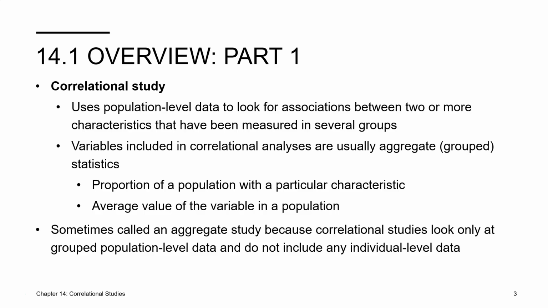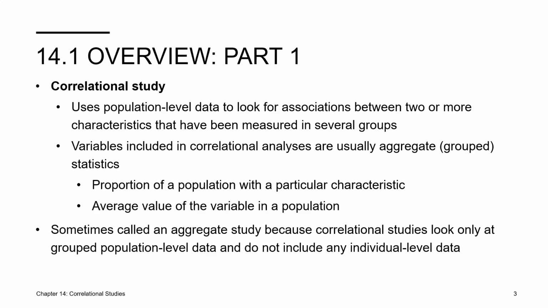Section 14.1, Overview. In this chapter you will learn that a correlational study uses population-level data to look for associations between two or more characteristics that have been measured in several groups. Variables included in correlational analyses are usually aggregate or at a group level.